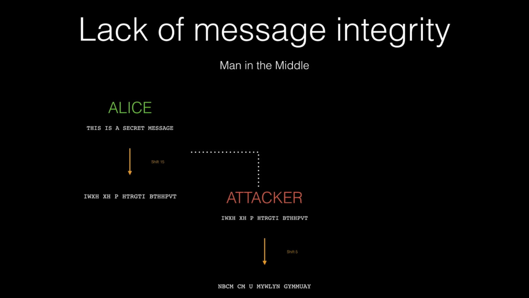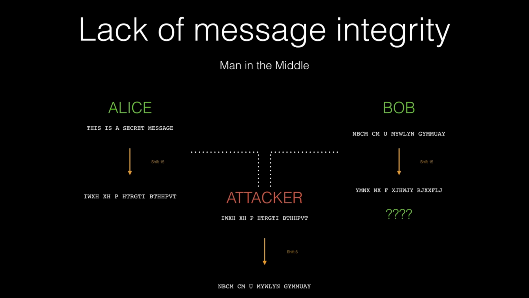So he's going to take each letter of the ciphertext, which as far as the attacker is concerned, he can't decrypt. But what he's going to do instead is apply his own shift. So he's going to look at the letter I, for example, in the first word, and shift that onwards by 5, and do the same for all the other letters.